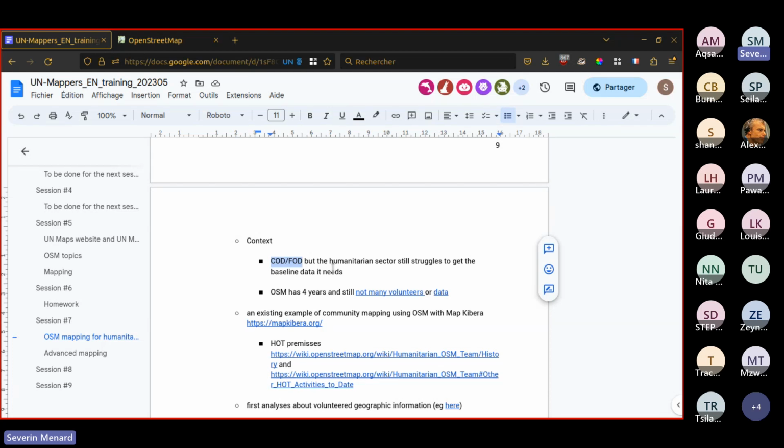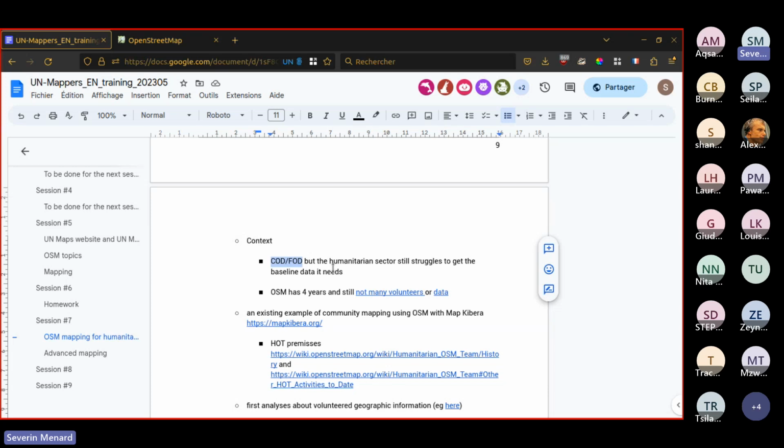And there was already a platform to share that, but it was not populated as it could be. All the humanitarian stakeholders, and it's still the case, do not share all the data, unfortunately.